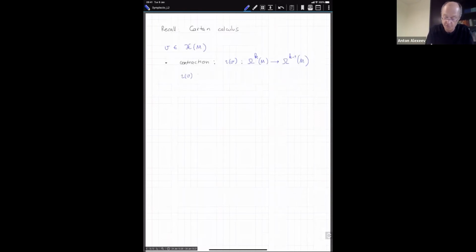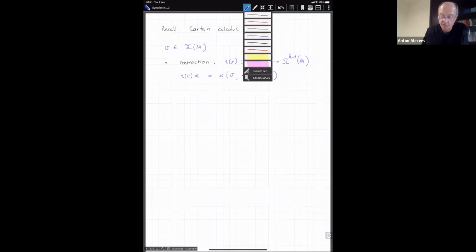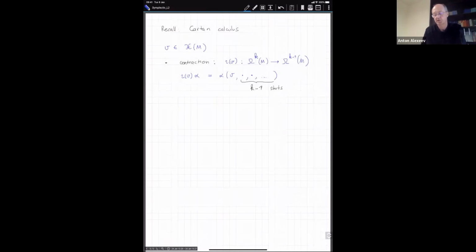Suppose you take a k-form alpha, you should produce a (k-1)-form. As a first argument you put your vector field V, and you leave all the other entries vacant. Here there would be k minus 1 slots, so this will be a (k-1)-form.